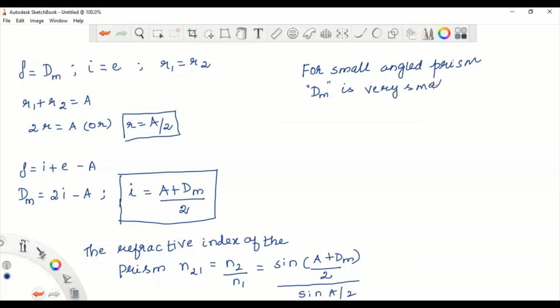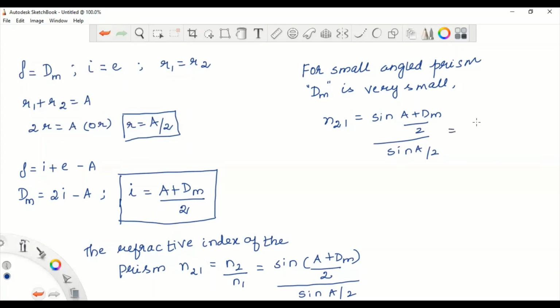And we will get N21 is equal to, we know that, sin of A plus dm by 2 divided by sin A by 2. Okay.